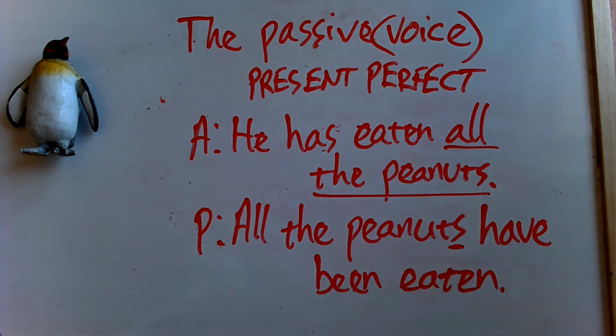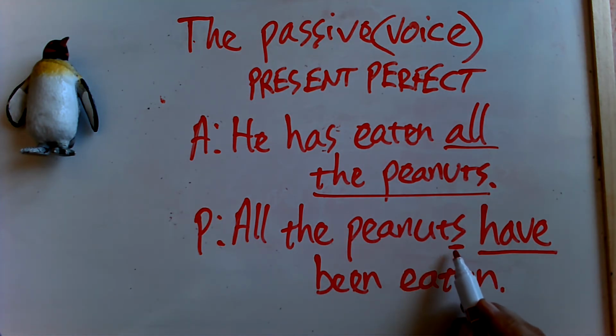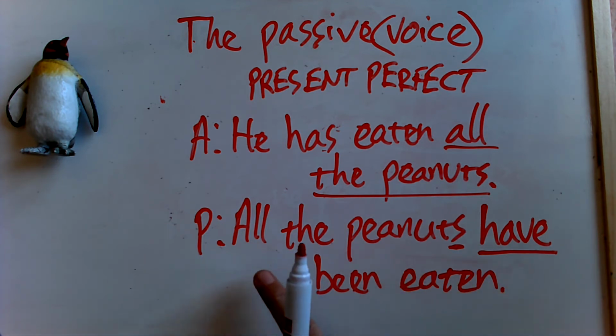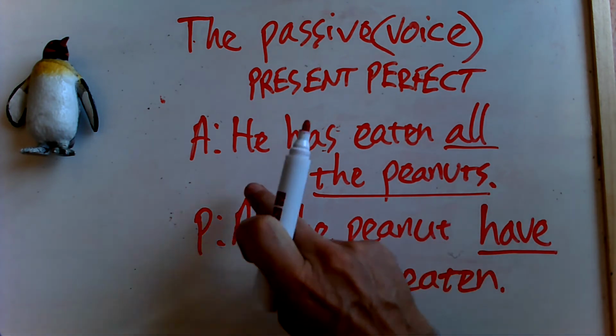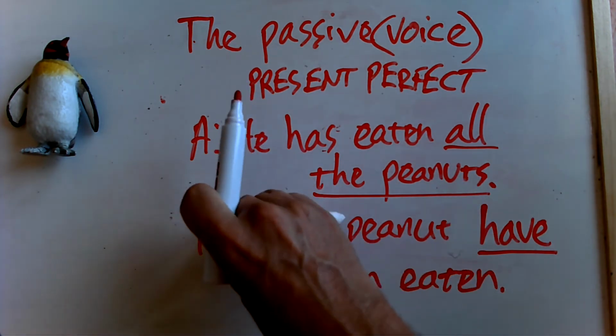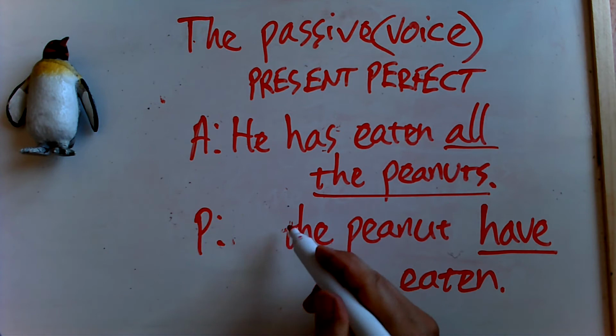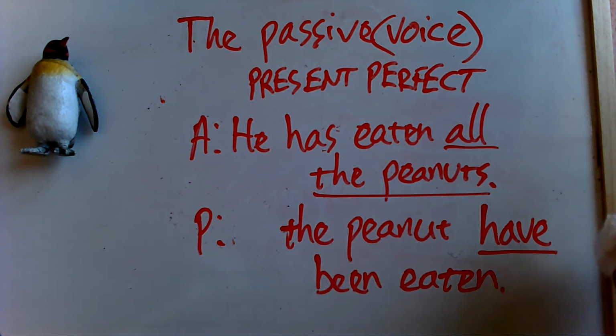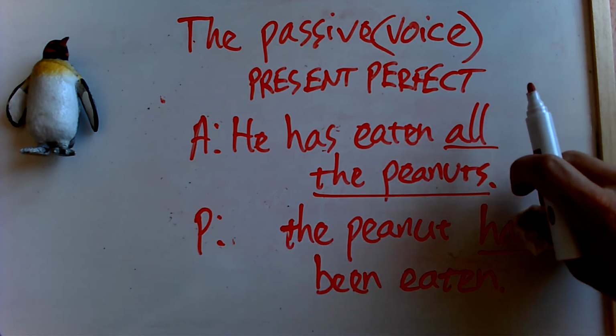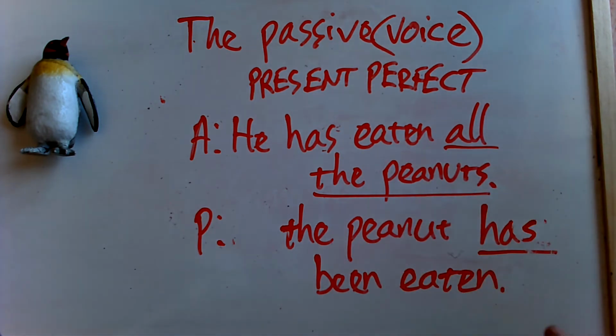Peanuts is plural. This needs to agree with the new subject. Peanuts plural, have. If it was singular, the peanut, then this "have" would change to "has", and this would stay the same.